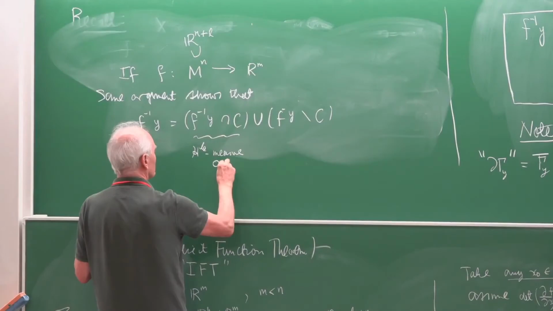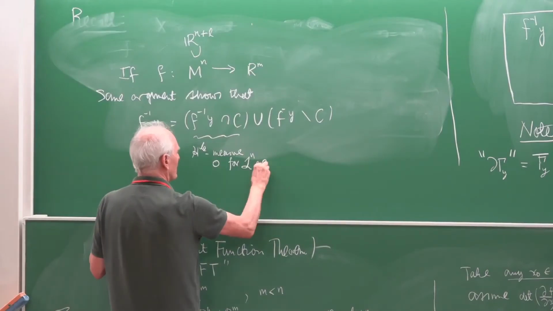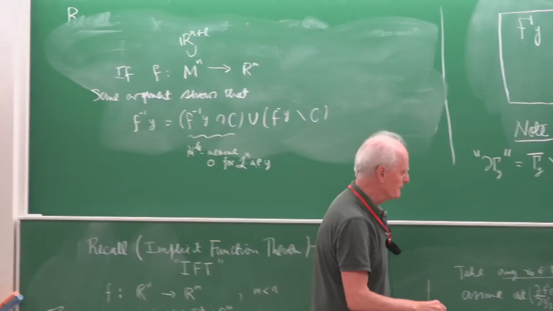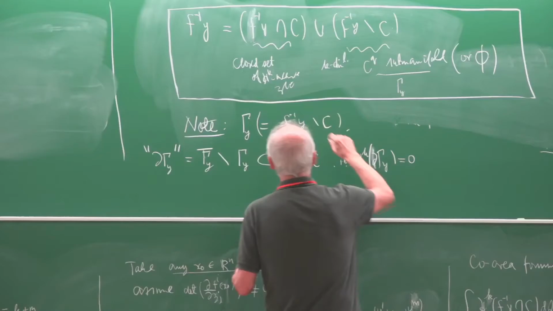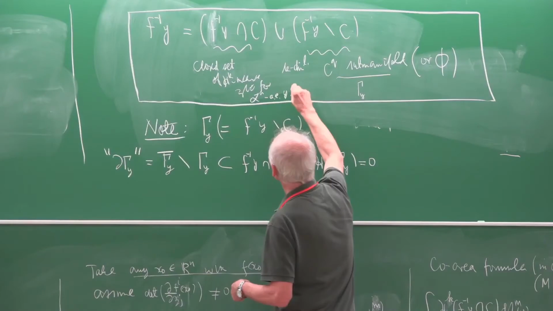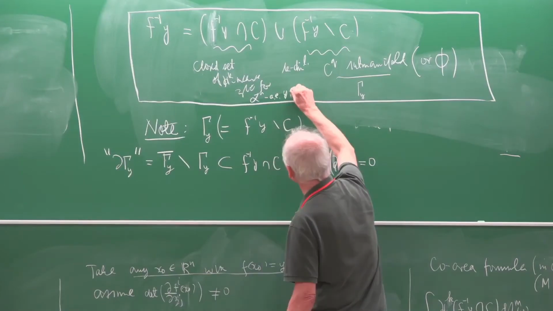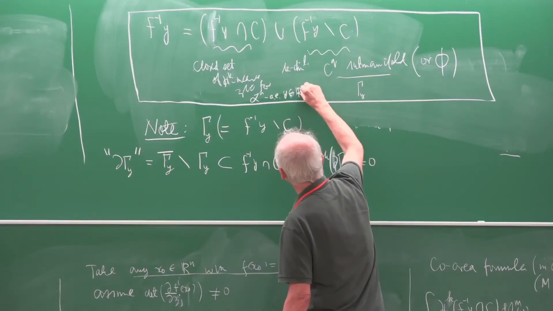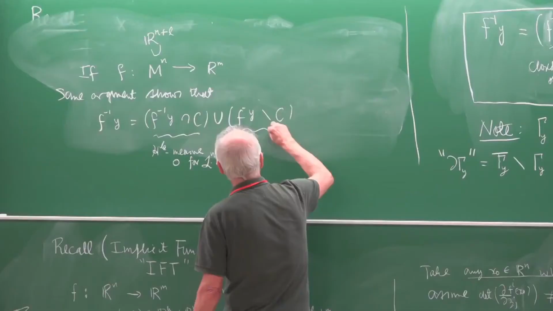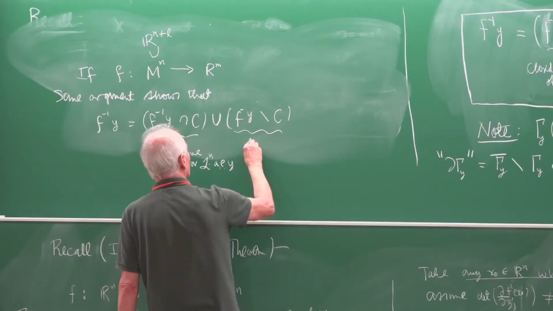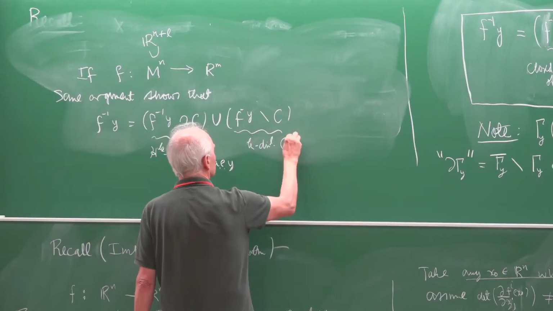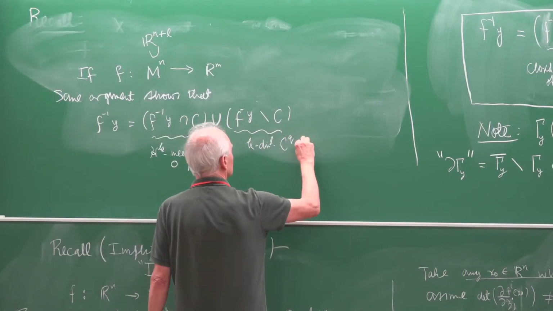I do want to emphasize this is only for L^m almost every y in R^m, because that's what the co-area formula told us. And this bit is a k-dimensional C^q submanifold, or empty.